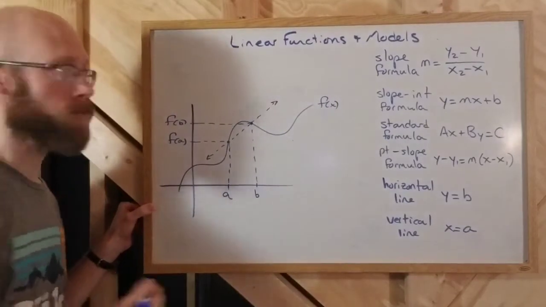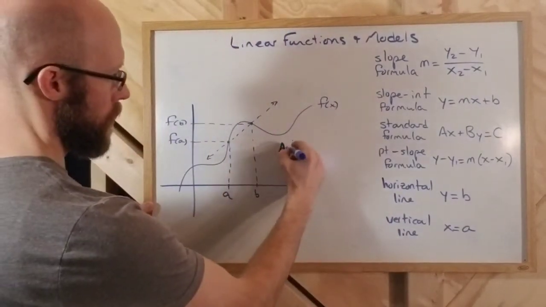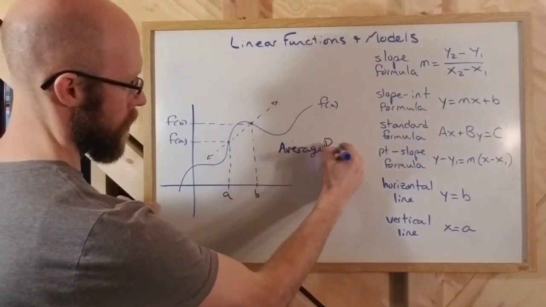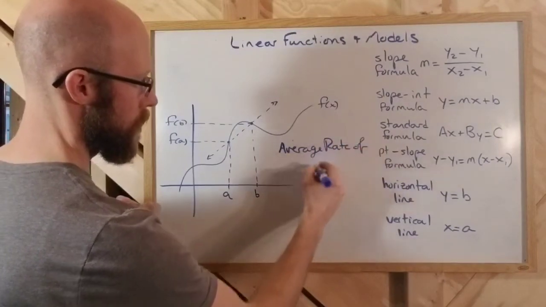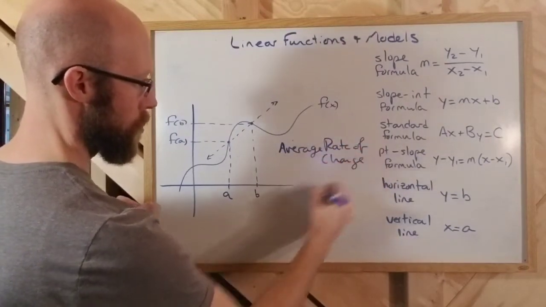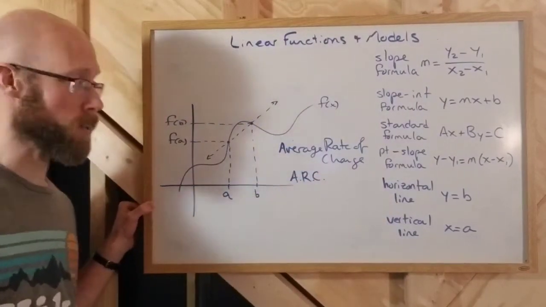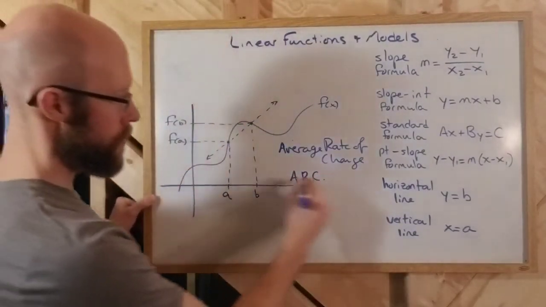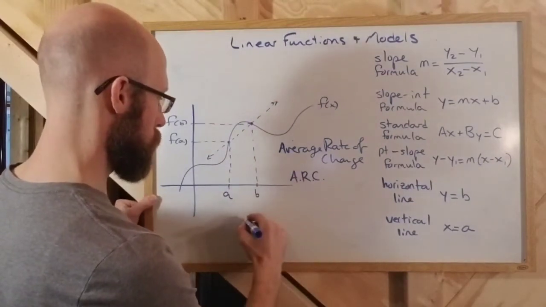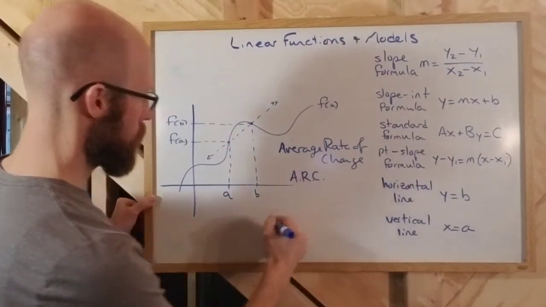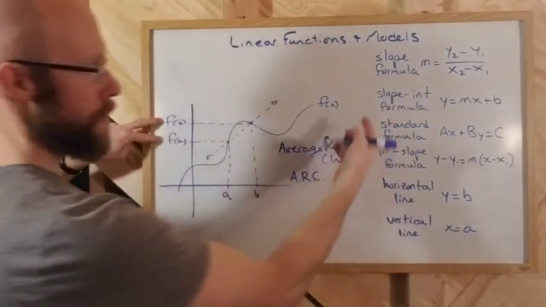The average rate of change, which I'll sometimes abbreviate as ARC, is simply going to be the difference in the y values. It's basically a slope, right?